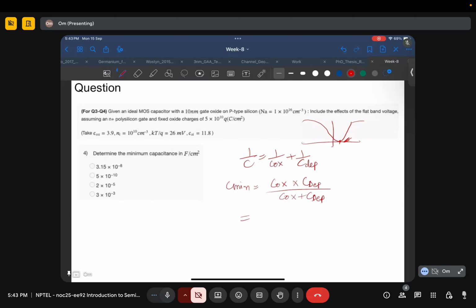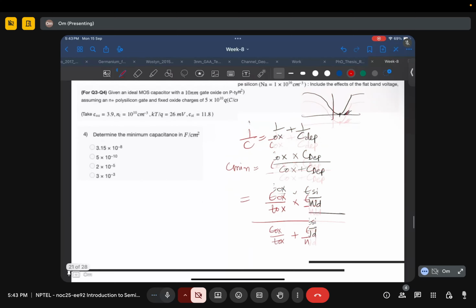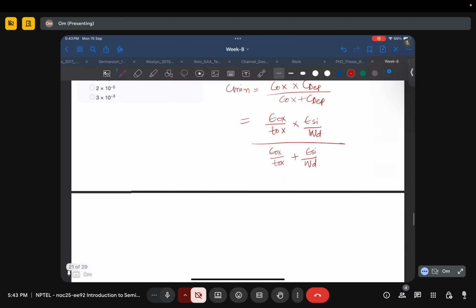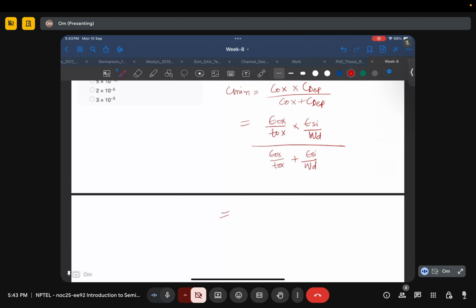So if I replace the values, epsilon ox by Tox into epsilon Si by WD upon epsilon ox by Tox plus epsilon Si by WD. If I rearrange this, epsilon ox epsilon Si upon epsilon ox WD plus epsilon Si Tox.